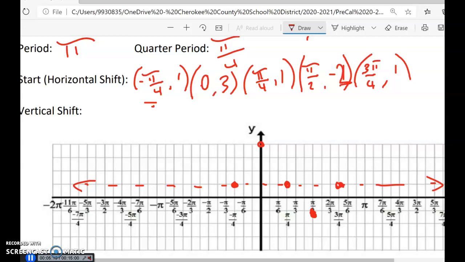No, no, that's right, it's a negative 1. Oh, that's too high. I'm sorry, my mistake. That one's the one that's wrong. So there we are. And there's our sine with a vertical shift up 1 and horizontal shift of left pi over 4.